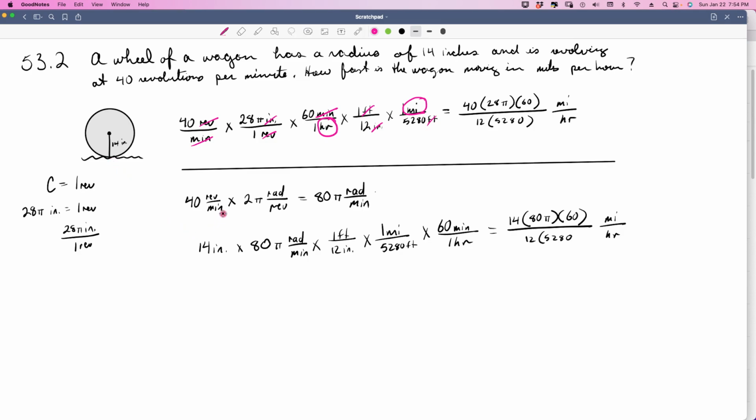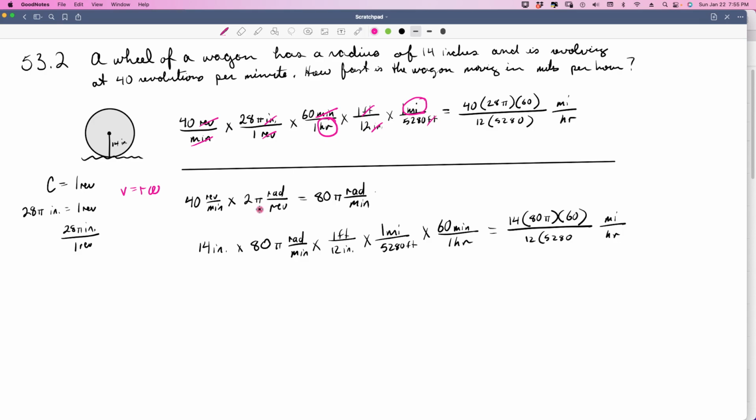Okay, so this is the way the book solves it, and it is using that V is equal to the radius times omega, where omega is your rate, your radians per unit time. So I have radians per minute. That's my unit of time because we were told revolutions per minute. And so we converted that with radians per revolution, because we know 2 times 180 would be 360 degrees, but it also converts back to 3.14, right?